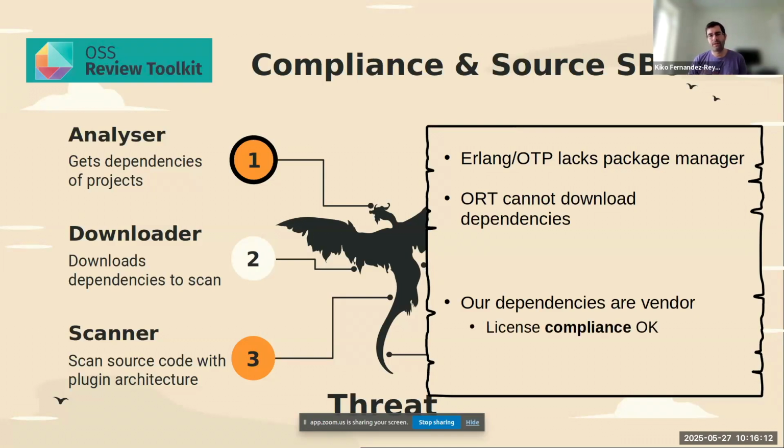The good thing is that if we're going to do the license compliance, so we're going to go through the files and analyze that we comply with the licenses, then that's fine, because our dependencies are included in the repo. So we get that basically for free.